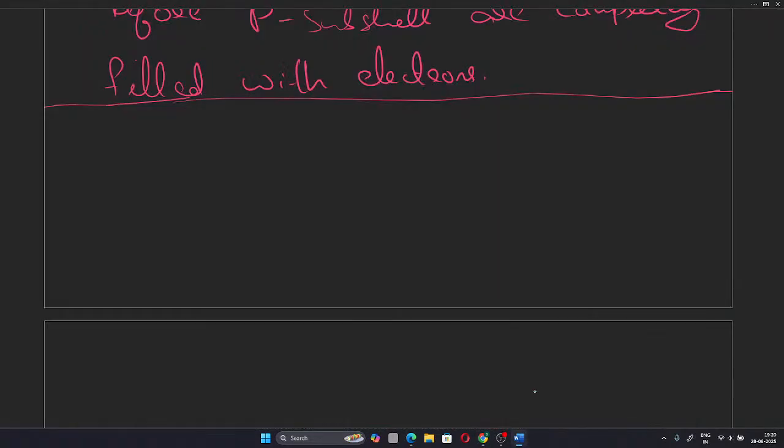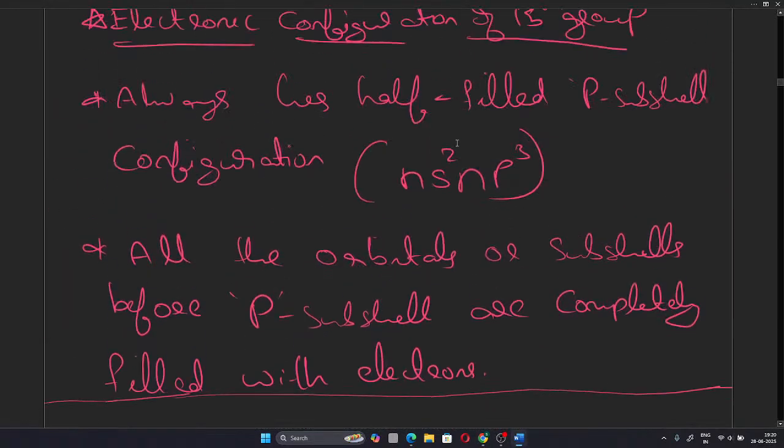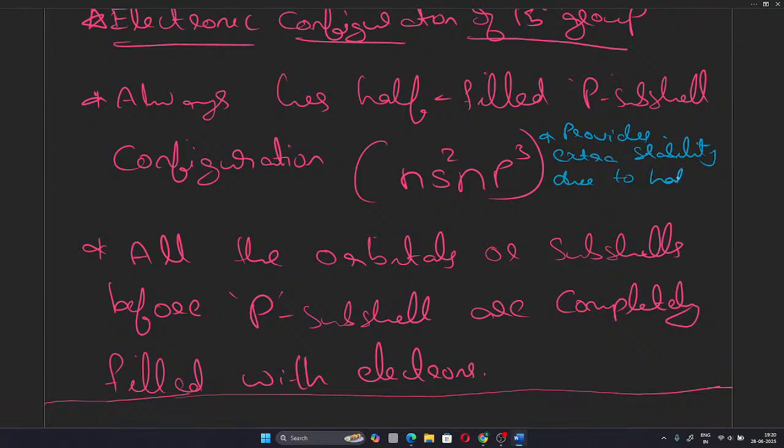And one more point in electronic configuration is that it provides extra stability due to half-filled configuration.